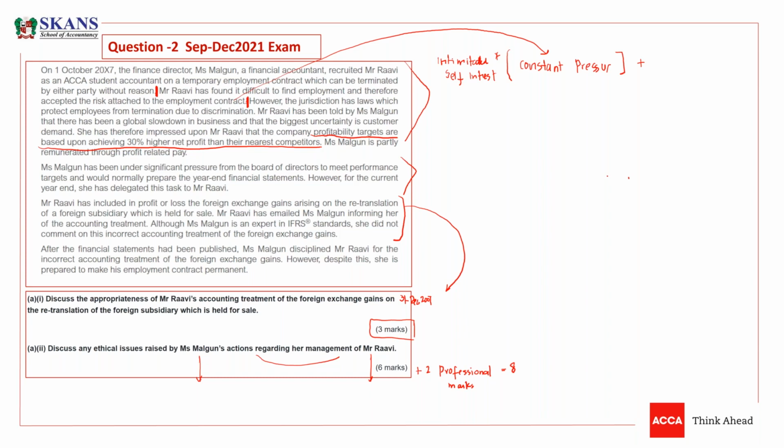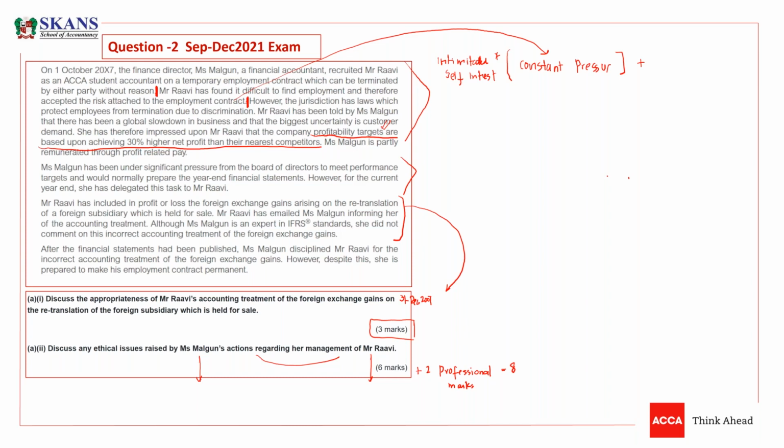So their performance is being monitored by profit targets, and the condition is that you have to be higher. You should be earning 30% higher profits than your competitors.